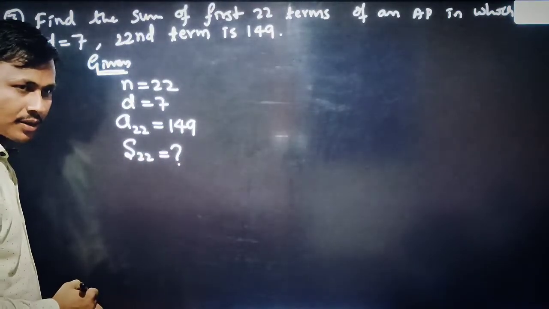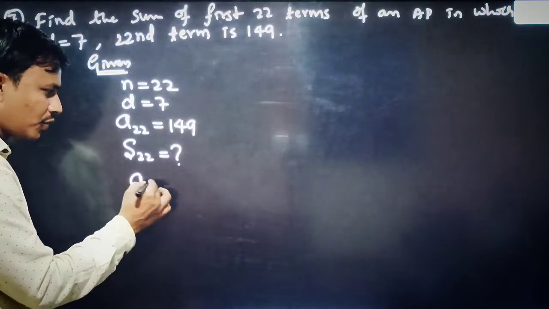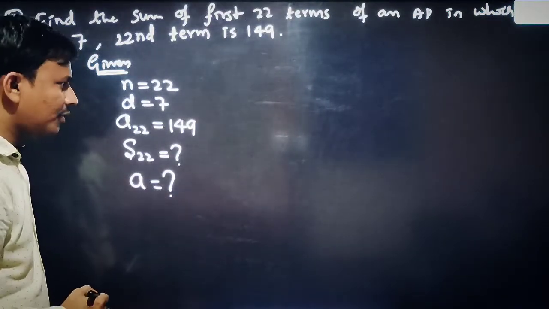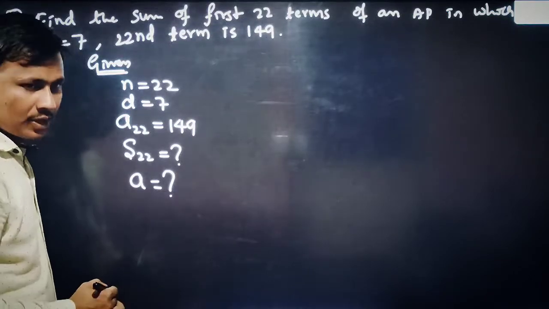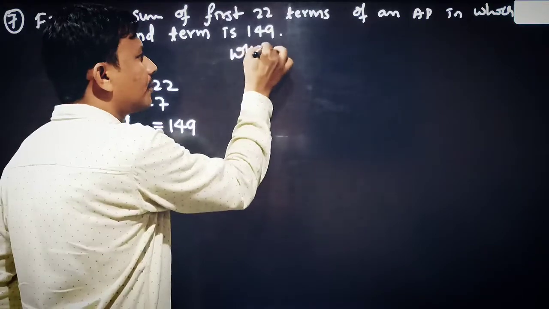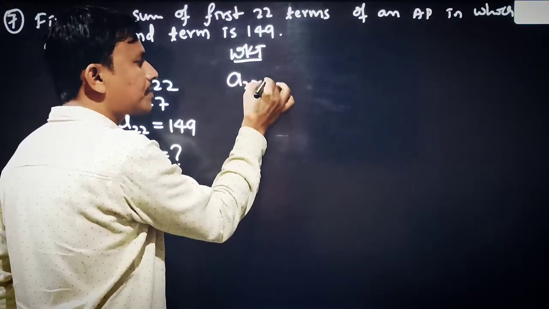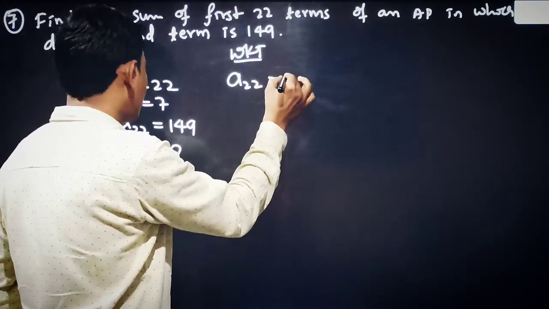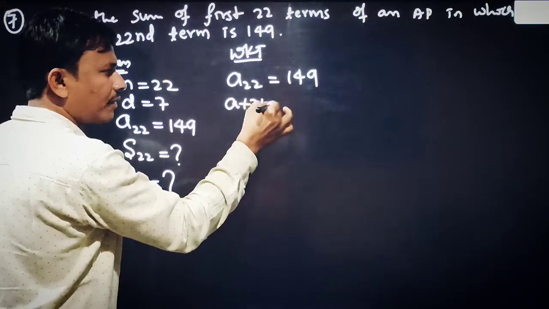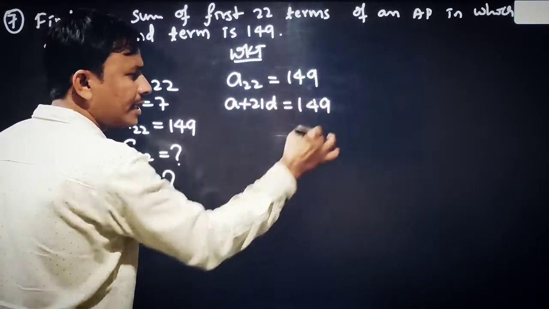Correct? Next, we don't know the A value. First of all, what we need to find out? A value. We know that A22 can be split as A plus 21D. A plus 21D is equal to 149.